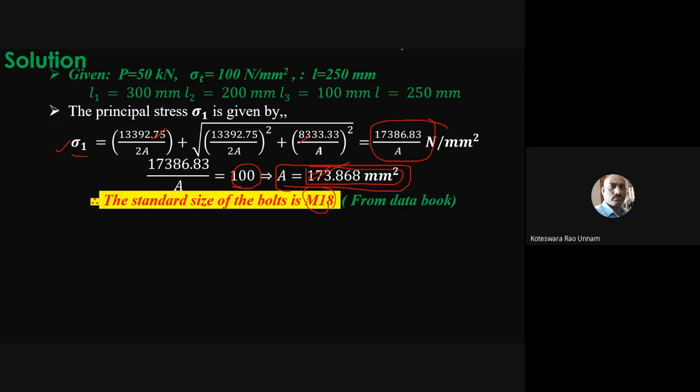If I choose M18, a bolt having a nominal diameter of 18 mm, the tensile stress area is 192. Therefore, that is the diameter of the bolt we need to choose.